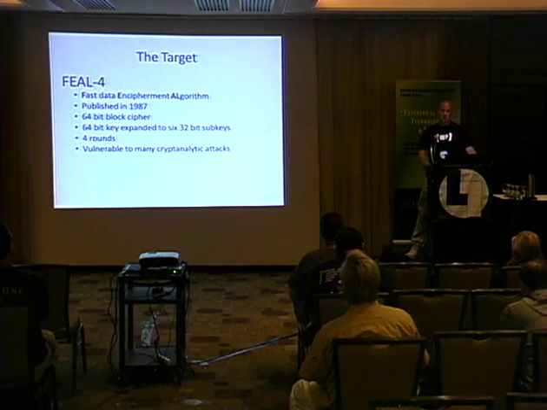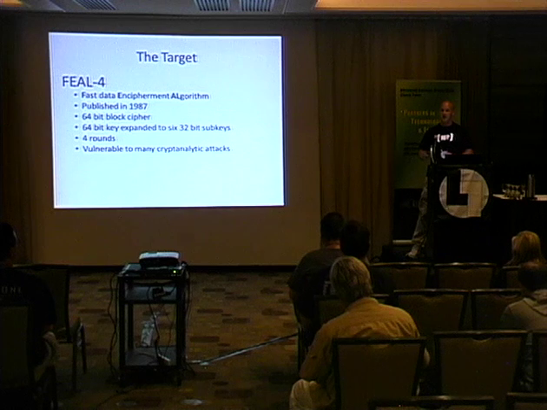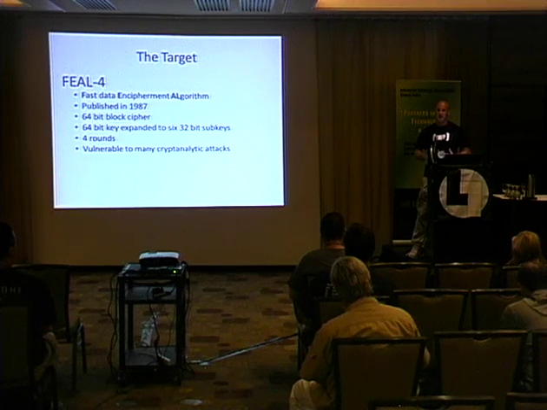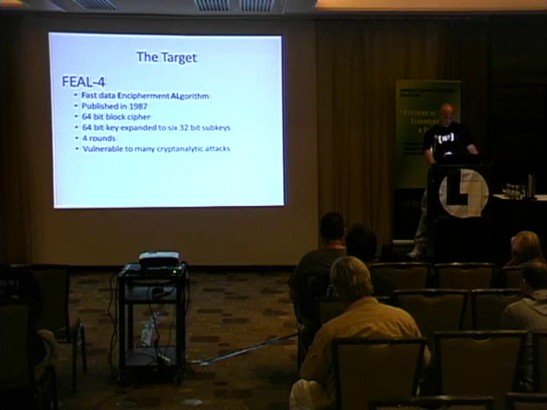But it employs the same design principles that DES and other modern block ciphers do, so it's a really good case study. It's also vulnerable to everything. Whenever a crypto guy finds a new attack, he wants to try it out, but he doesn't have a cipher in mind, so they inevitably go after FEAL because they know it's going to break. It's like the redheaded stepchild of the crypto world. You don't have to worry about these specifics; they're just up there for reference.